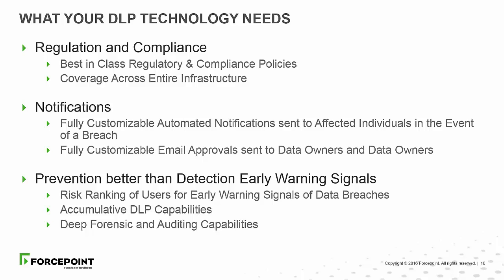One credit card going to one shopping website might not be bad, but 3, 4, 5, 6, 100, whatever the threshold is for you, we should be able to accumulate those numbers, those incidents, over the entire infrastructure. And when it gets to that dangerous level, we should then be able to put in place a different action: a block, a notification, etc.